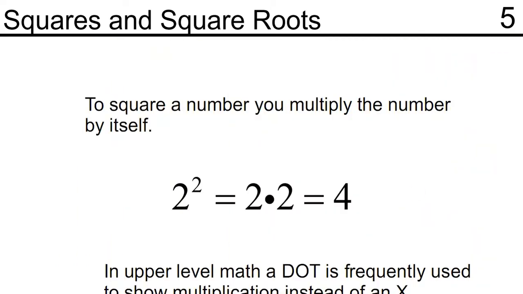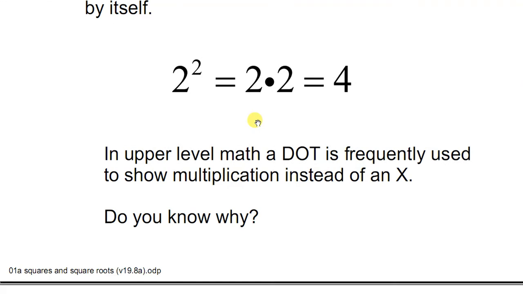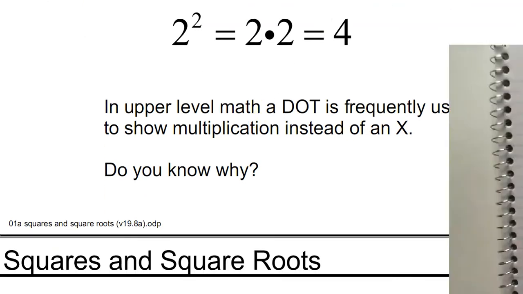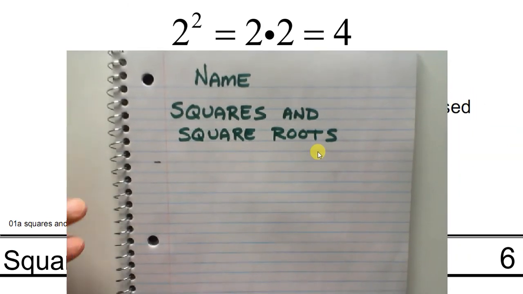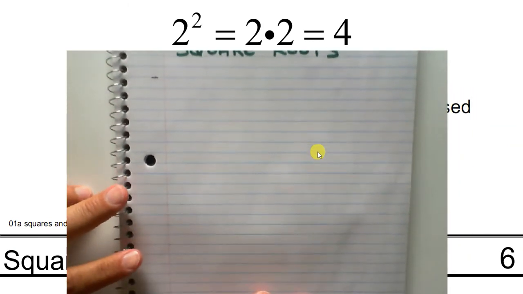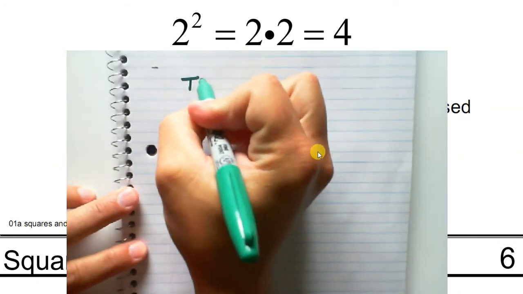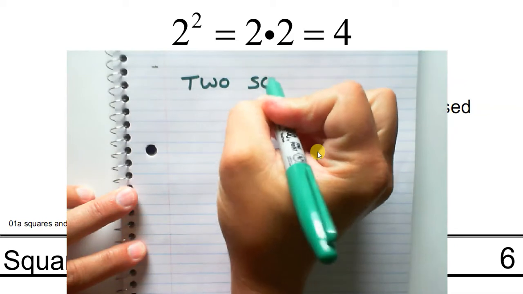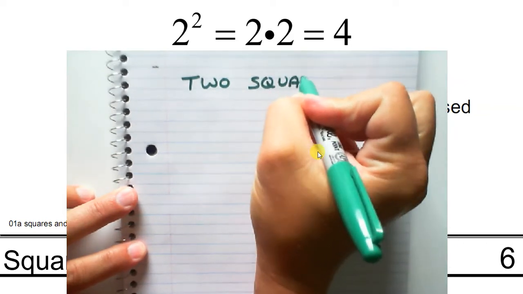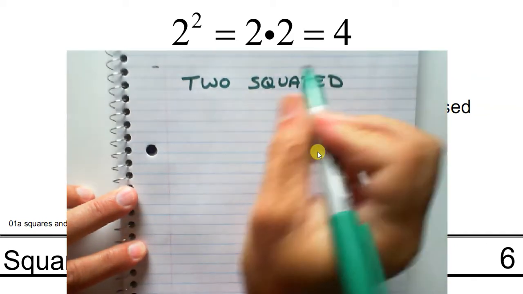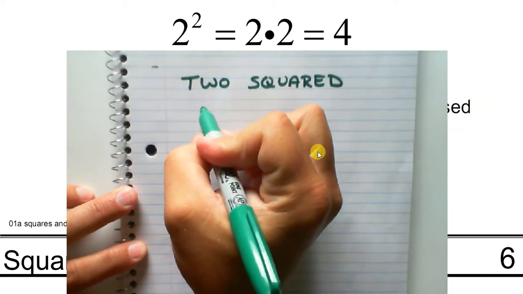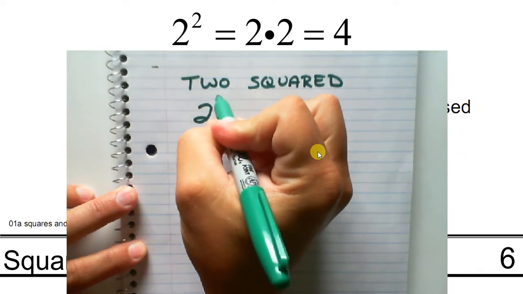So here's our first thing. To square a number, you multiply the number by itself. So we're going to get this into our notes. This is how I would say it: 2 squared.